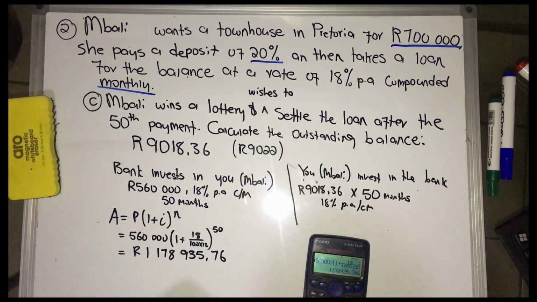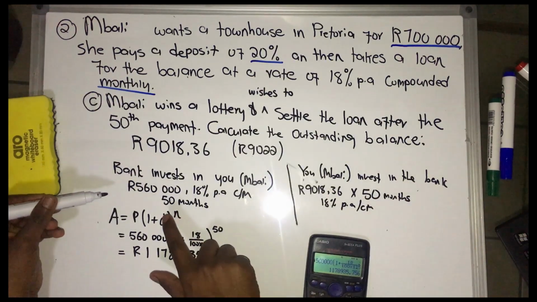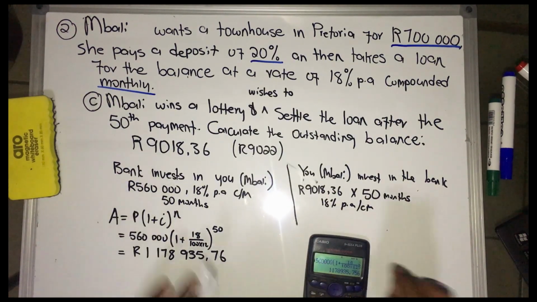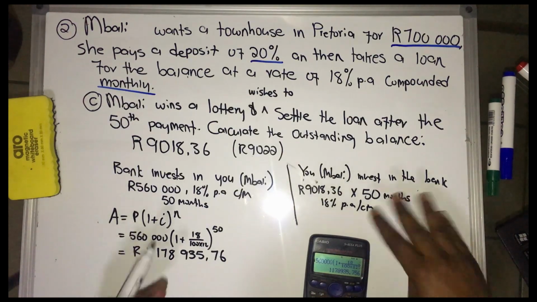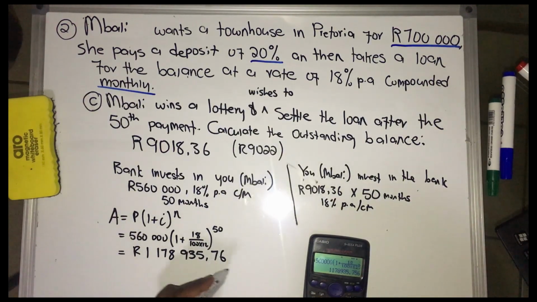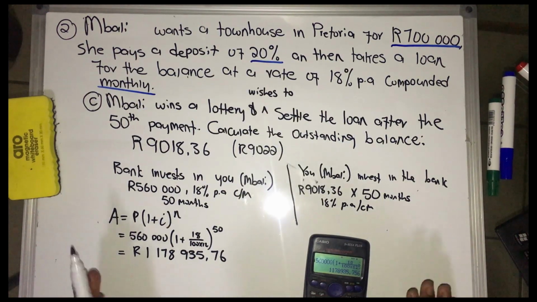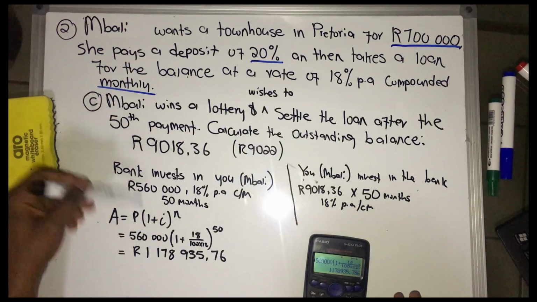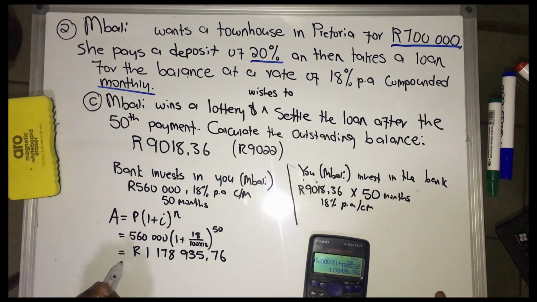Think of it this way: if you're not paying any installment, the bank just gave you that 560,000 and you spent it, maybe bought a house. So this is what you would be owing the bank if you were not paying any installment. Obviously they are charging you interest, so we'd be owing 1.1 million rands basically.